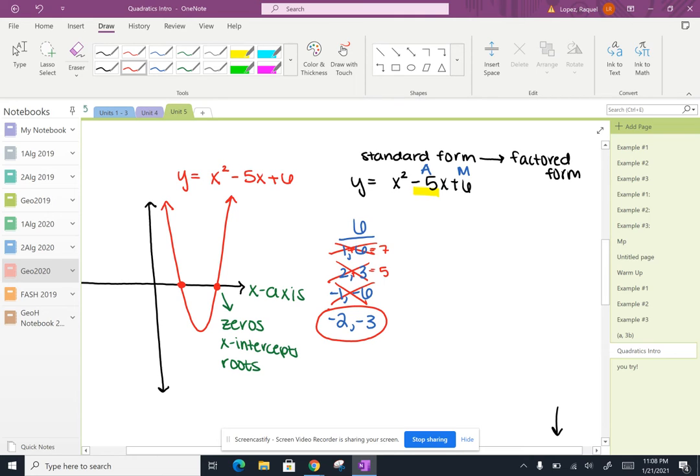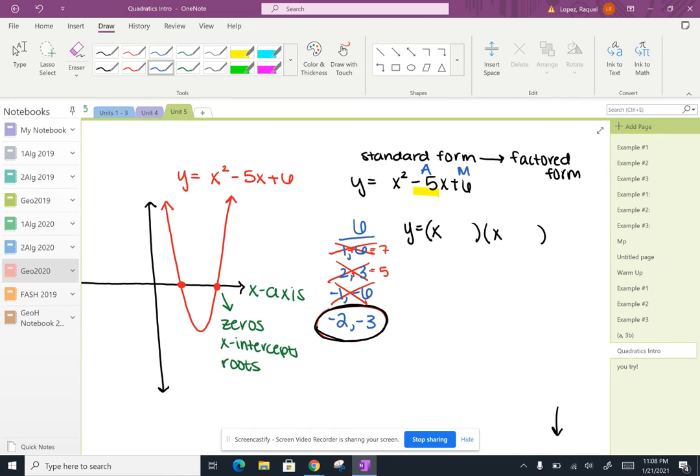Okay, so now that we know which pair of numbers we need to use, we can put it into our factored form. Factored form looks like this: y equals, and then we're going to have two sets of parentheses. At the front of each set, we're going to put an x and an x. And then to figure out the last numbers that we put in those parentheses, we look at the pair of numbers that we chose, -2 and -3.